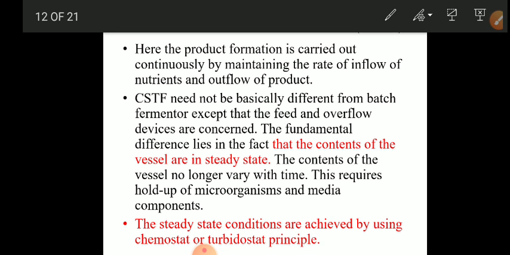The fundamental difference lies in the fact that the contents of the fermenter in a continuous stirred tank fermenter are in steady state. The microorganisms are present in steady state, that is, the logarithmic growth phase. The contents of the vessel do not vary with time, whereas in batch fermentation, the contents vary with time.